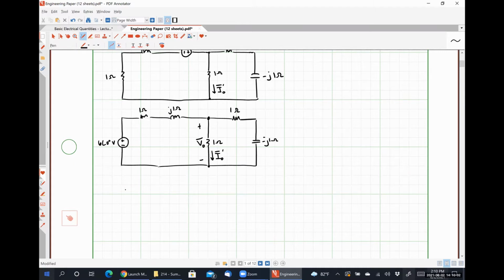So I could say that V0 is my 6 angle 0 degrees volt source multiplied by an impedance ratio, where the impedance that I'm trying to find the voltage drop over is that 1 ohm resistor in parallel with that 1 minus j1 ohm combination impedance on the right-hand branch.